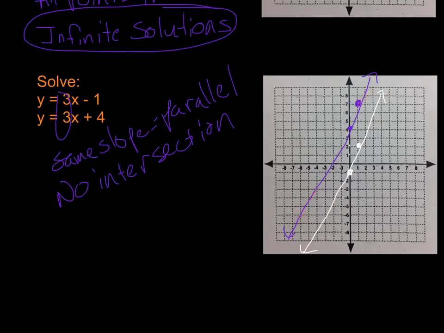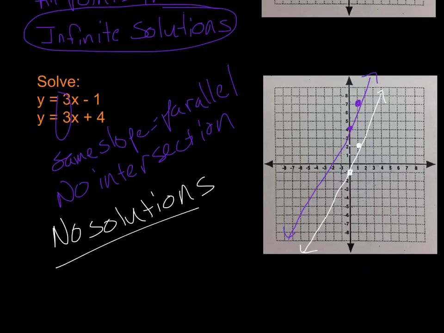That means there's no point that they share in common, which means that there is no solution. So the lines are parallel, means they can't intersect, and because they can't intersect, that means that there's no x and y that they share. And again, we didn't have to solve these for y. We got lucky, and I gave you equations that were already solved for y, and that'll happen in your assignment too, but probably by and large, you'll have to solve them for y before you graph them.